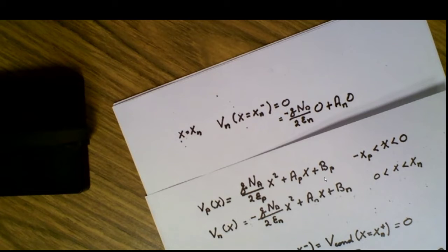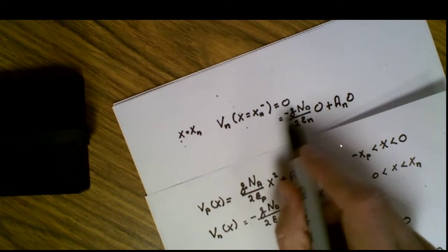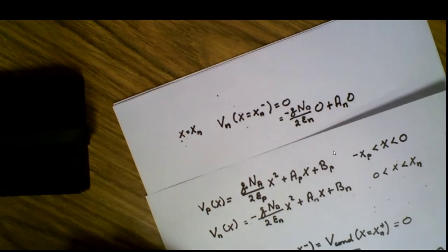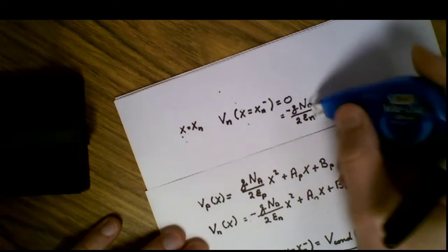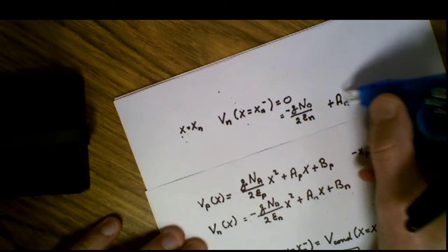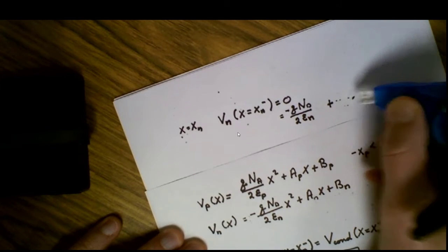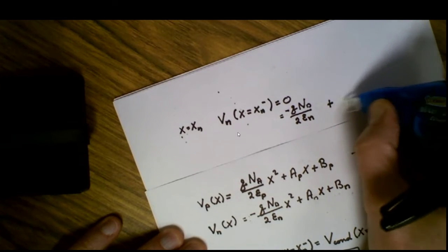I'm looking at the wrong thing. We're forcing x to be equal to x sub n, not this 0. Everything was dropping out, and that should not be, at least not at this boundary.